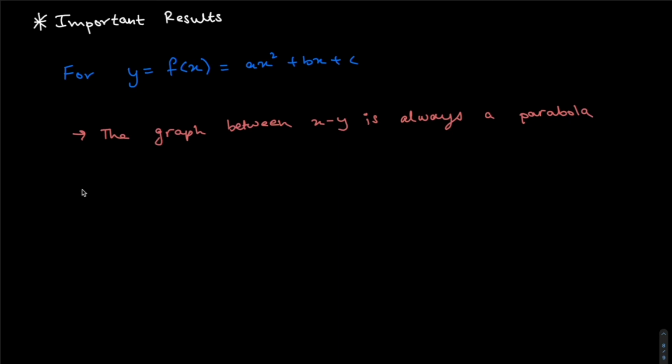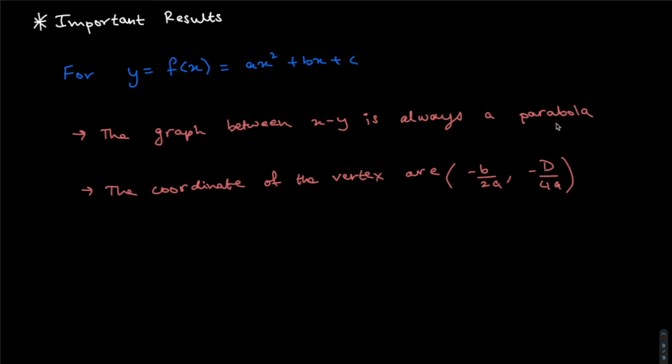Next is the coordinate of the vertex, which are minus b by 2a and minus d by 4a, where d is my discriminant, which is b squared minus 4ac.